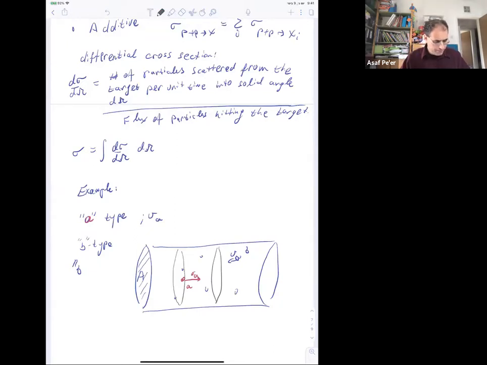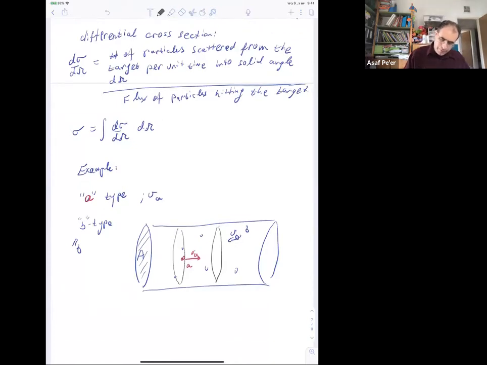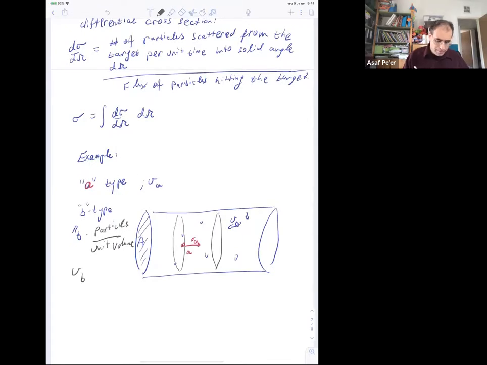And there are NB type B particles per unit volume. And they all move at velocity VB in the opposite direction.